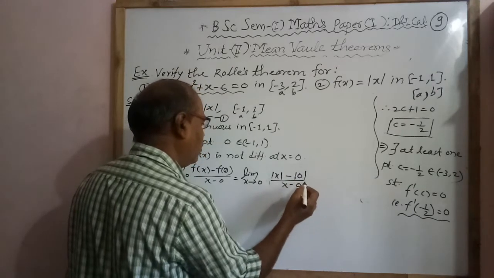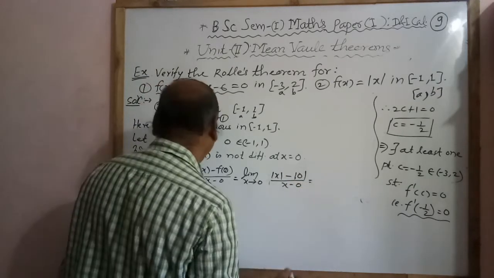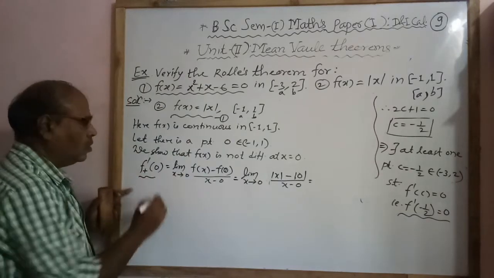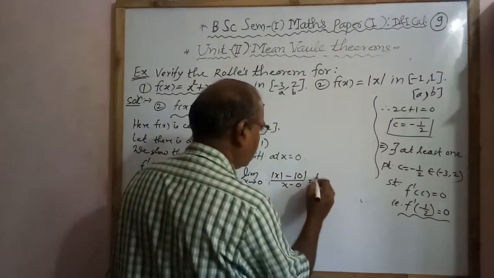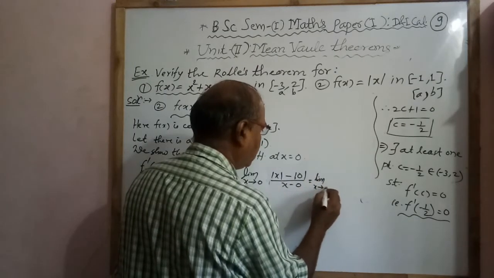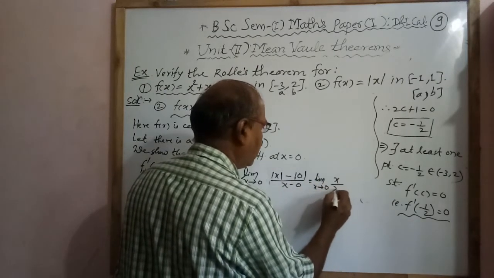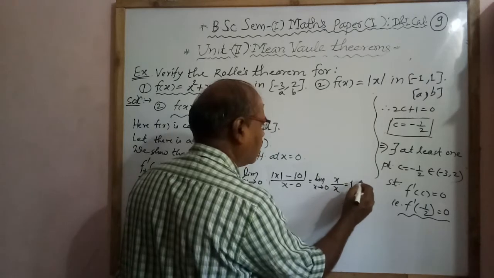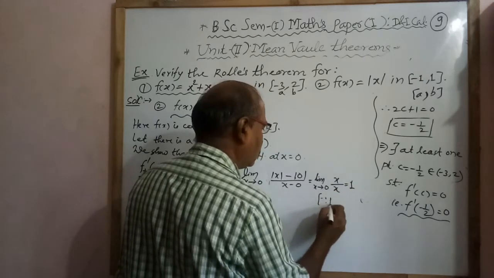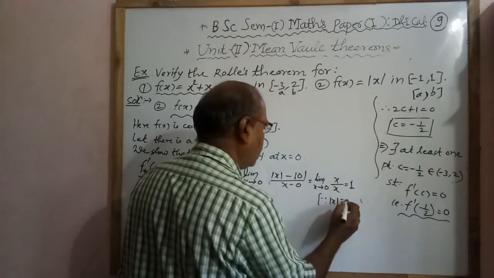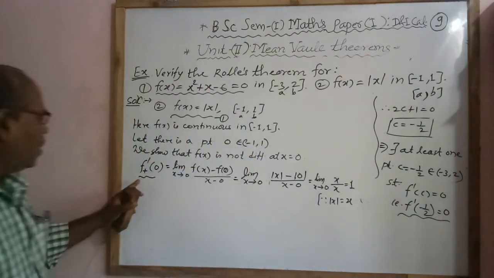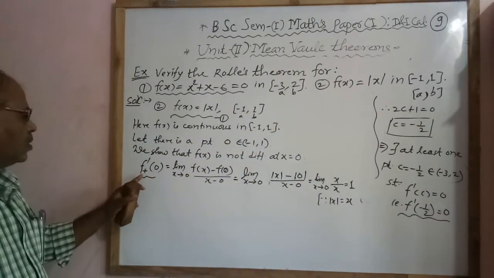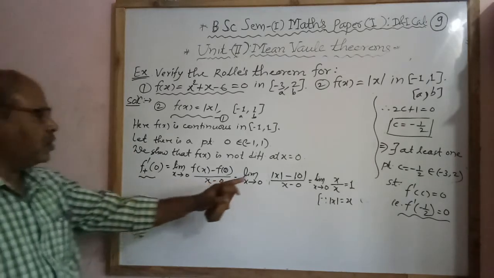Mod of 0 is 0, and this is the right hand derivative. For the right hand derivative we have mod of x equal to x. Therefore, limit x tends to 0 of x divided by x equal to 1, since mod of x equal to x for the right hand function, for the positive values.